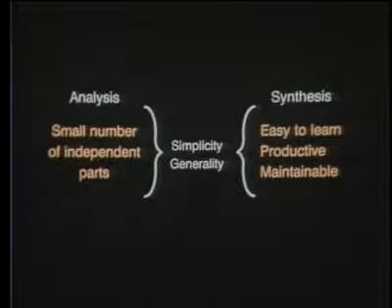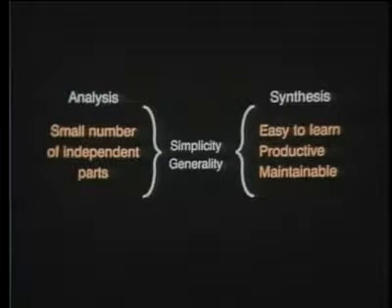And then if you have general parts that you've put together or that you have available, when you use them to put together a system, it will be easier to learn because there are fewer components. You can be more productive because the components are hopefully more general. And the systems you build will be more maintainable because, built with fewer components, you'll encounter less things you don't know about when you go in to maintain it.